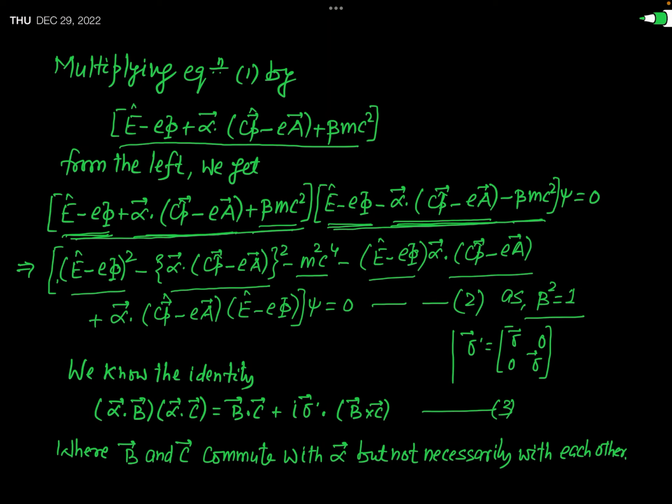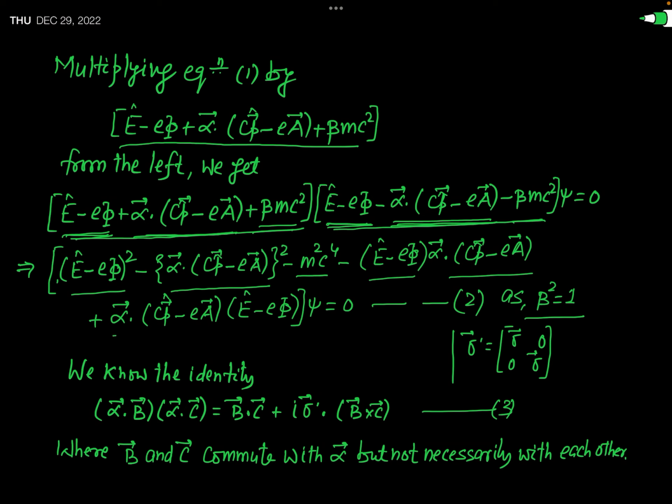Now we will take the operation of the term minus alpha dot (Cp minus Ea) on this E minus Eφ.